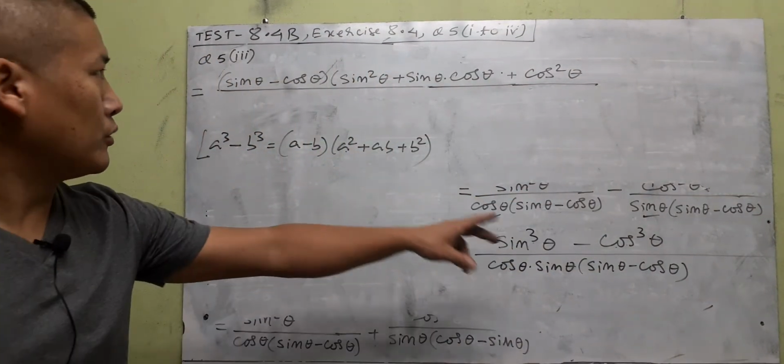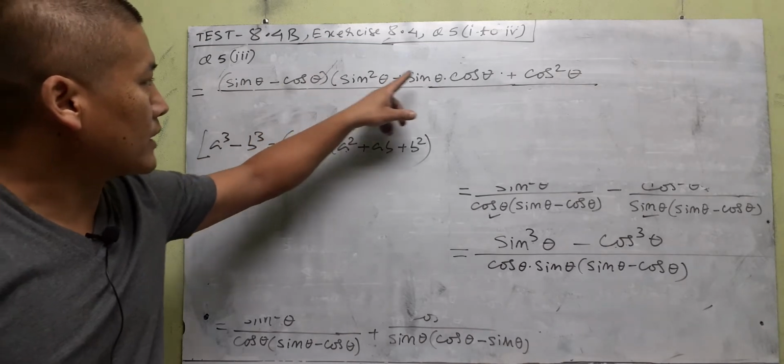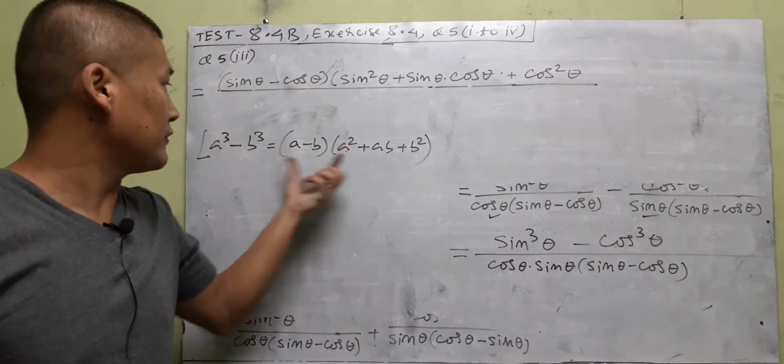So a cube minus b cube has been changed to a minus b into a square plus a into b plus b square by using this formula.